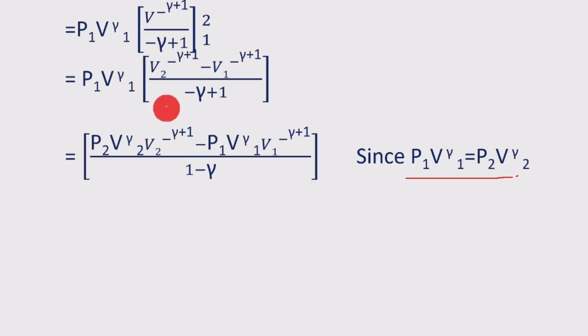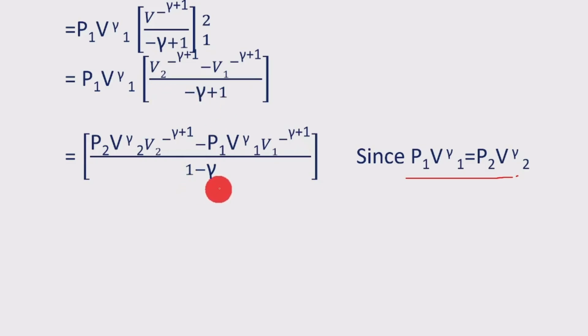That multiplication for the first term is somewhat different, and we should know it. P2 V2 raised to gamma into V2 raised to minus gamma plus 1 for the first term. Instead of P1 V1 raised to gamma we multiply with P2 V2 raised to gamma, because P1 V1 raised to gamma equals P2 V2 raised to gamma, minus, and again for the second term we multiply P1 V1 raised to gamma into V1 raised to minus gamma plus 1, over 1 minus gamma, which we can rearrange.